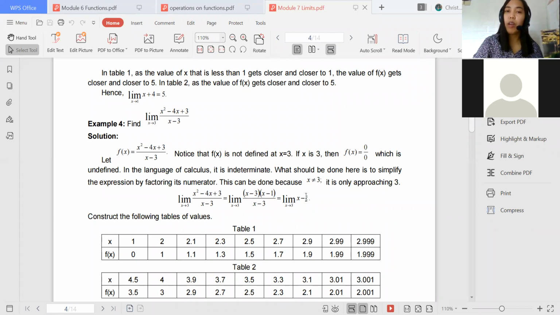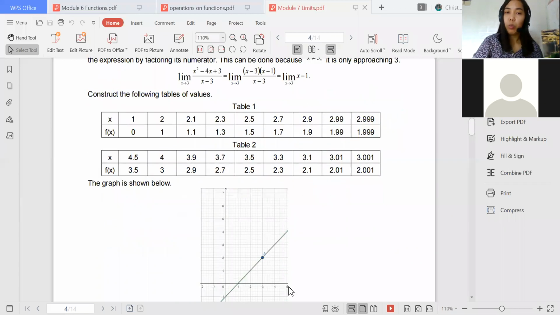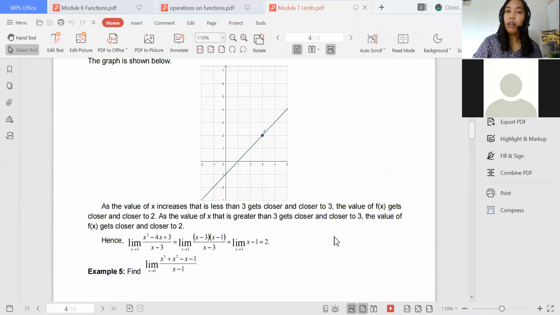So the limit of x minus 1 as x approaches 3 is 2. Papalapit ng papalapit yung value ni y kay 2. Okay? As x approaches 3, so titingin kayo dito sa 3, anong nangyayari sa value ni y? That's the limit, which is 2. Is that clear?